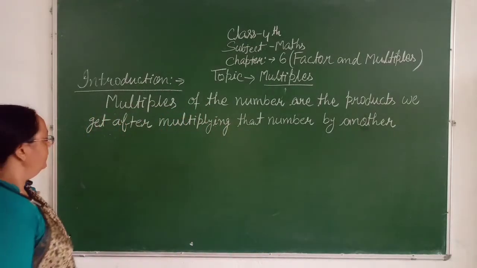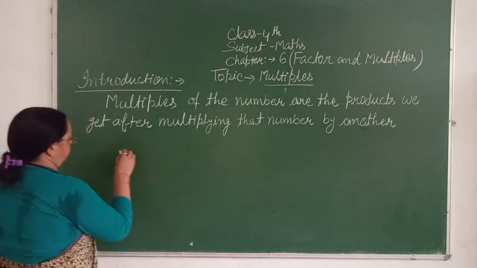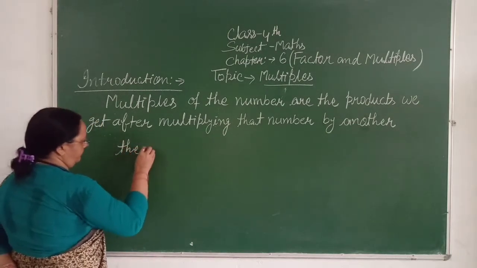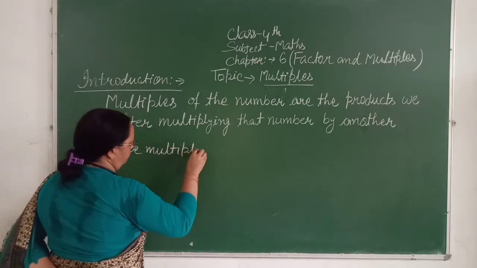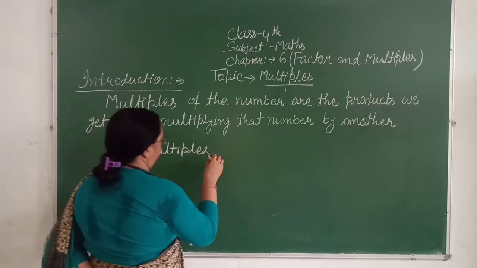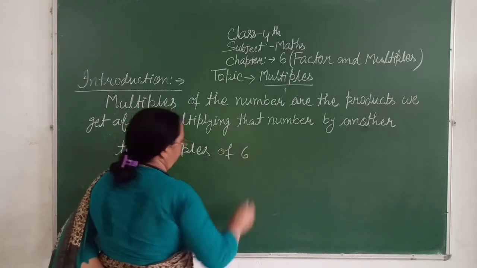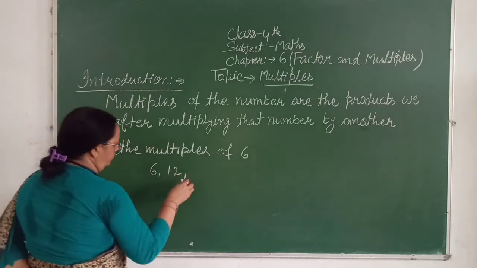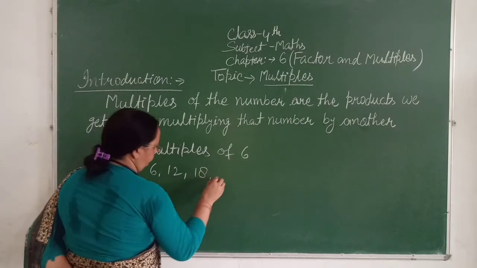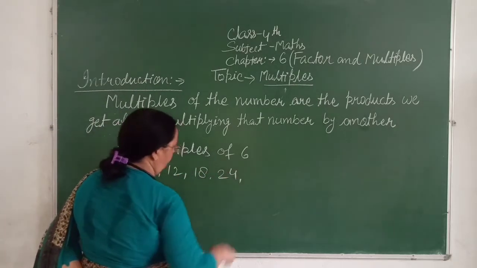Like the multiples of 6. Multiples of 6 are 6, 12, 18, 24.